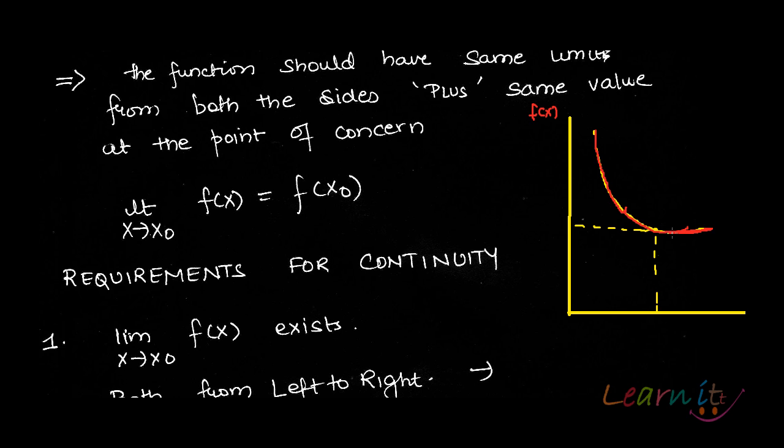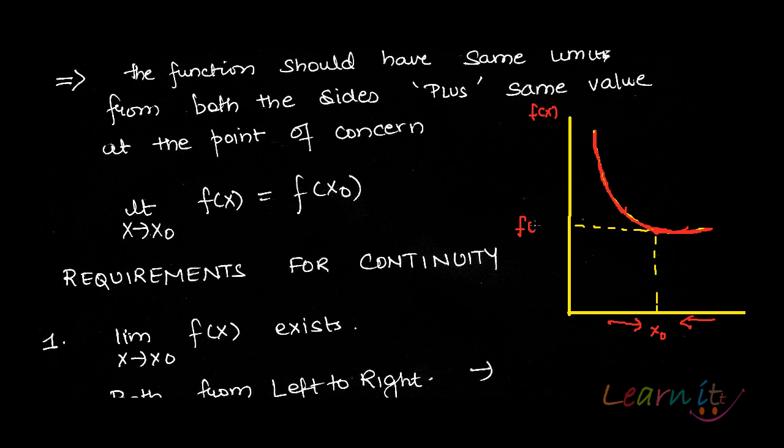Which means that the function would be continuous, which means that as x tends to x naught from the left side or the right side, it attains the same value.